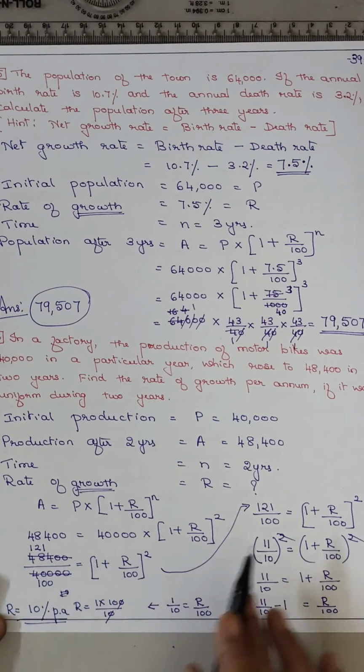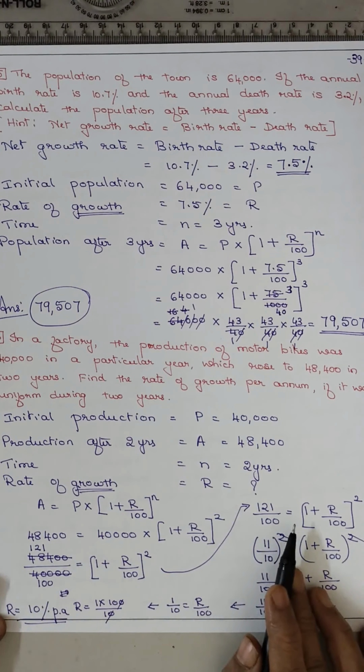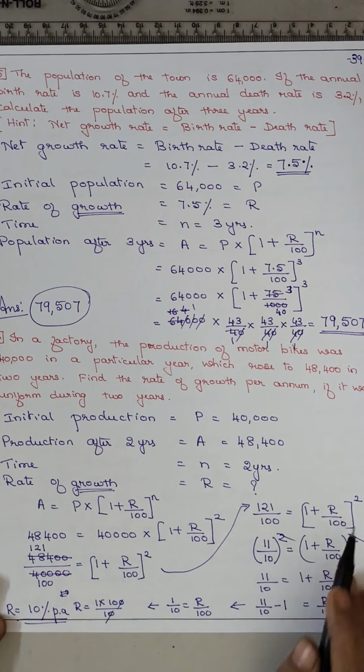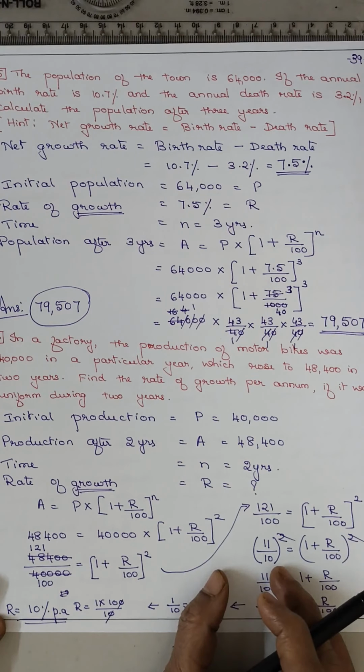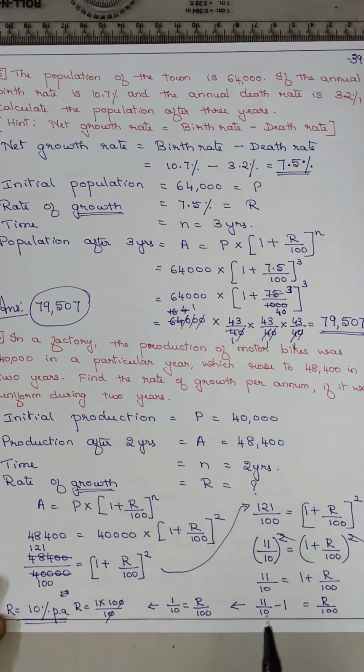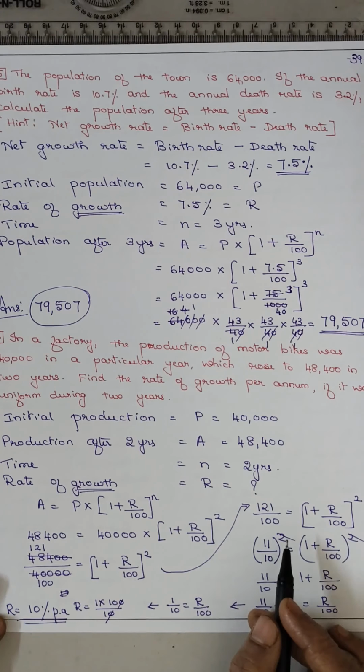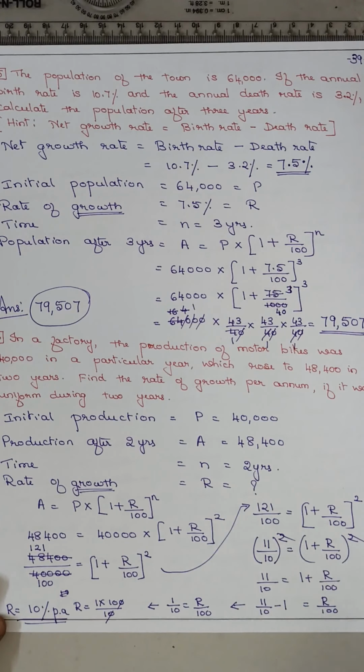So you got 121 upon 100 is equal to 1 plus r upon 100 the whole square. Now left side also you make it a power 2. That is 11 upon 10 the whole square is equal to 1 plus r upon 100 the whole square. The powers get cancelled. So 11 upon 10 is equal to 1 plus r upon 100.